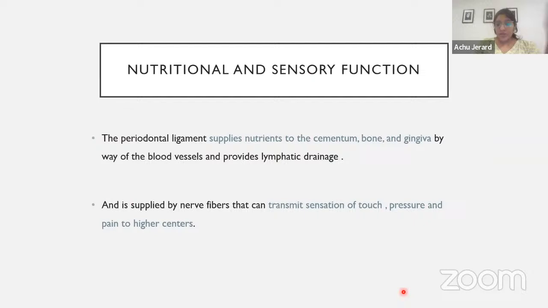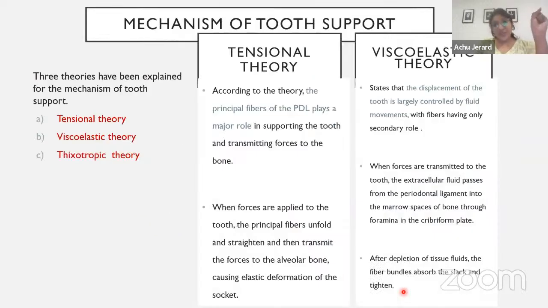Okay, and coming on to the theories associated with PDL, there are 3 theories that have been put forward. The first one was the tensional theory, where we believed that it was completely the function of the periodontal ligament fibers to hold the tooth in position and to bear the masticatory forces.